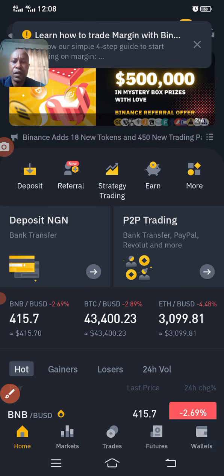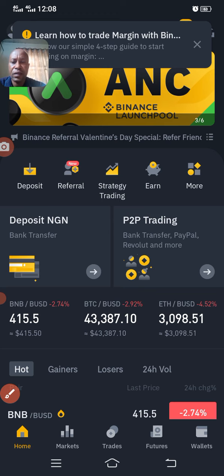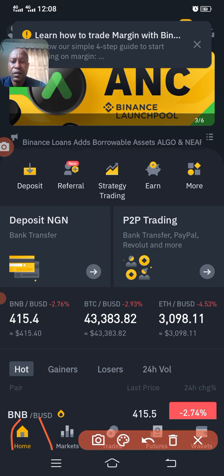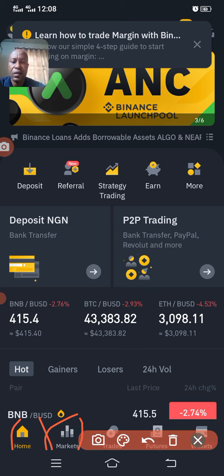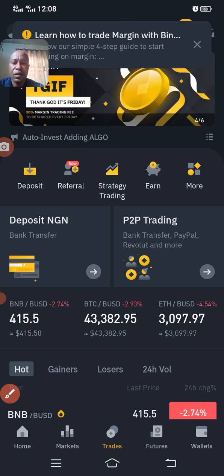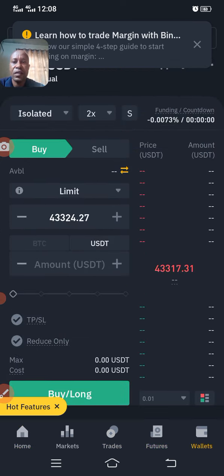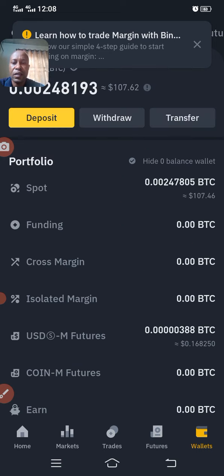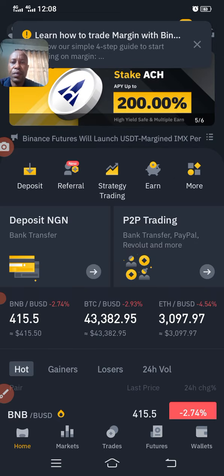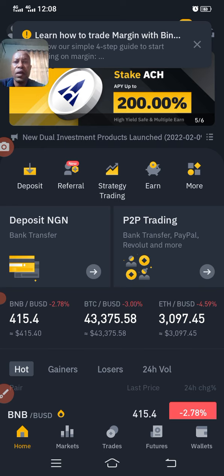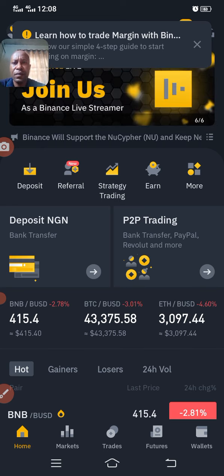Here is market. Here is trade. And we have features, we have wallets. That is the Binance app. Now, under the home page, you can locate a whole lot of things.